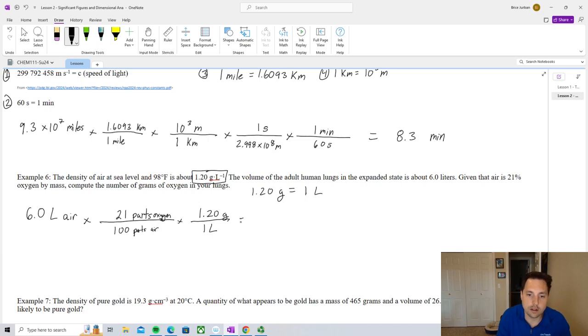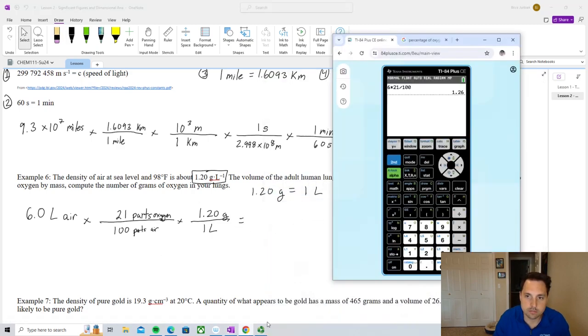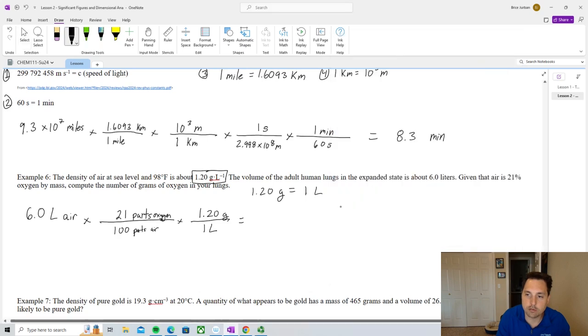And then we can multiply this through here. And also, another way to do this on your calculator is use the answer key. So answer times 1.2 gives us 1.512. And then we want to round it.